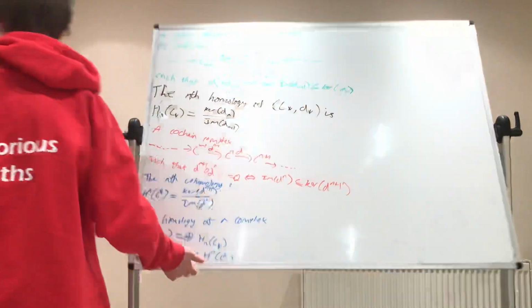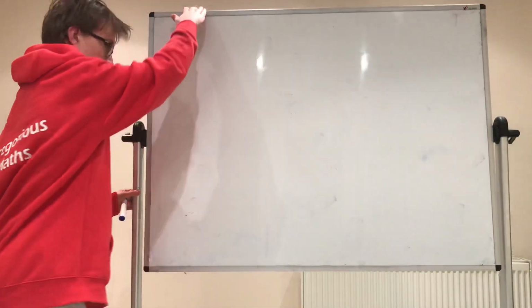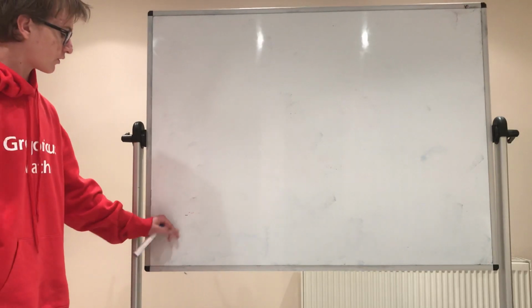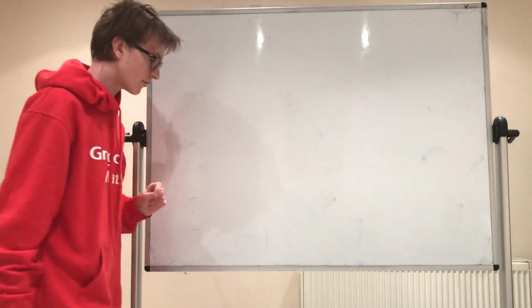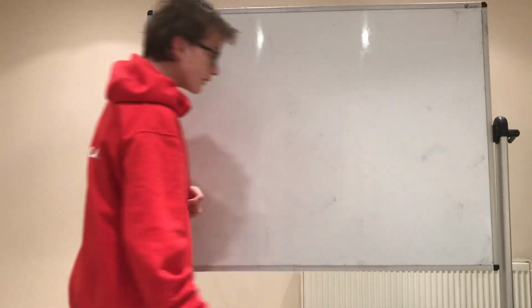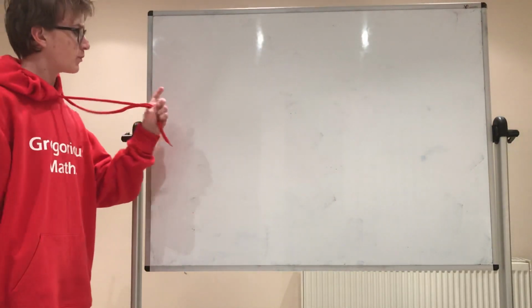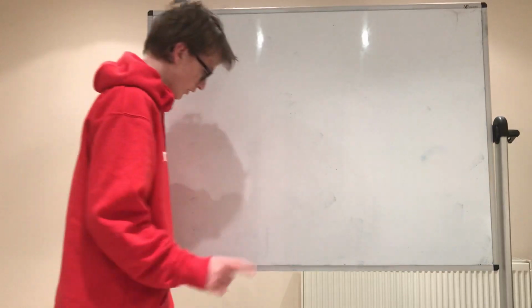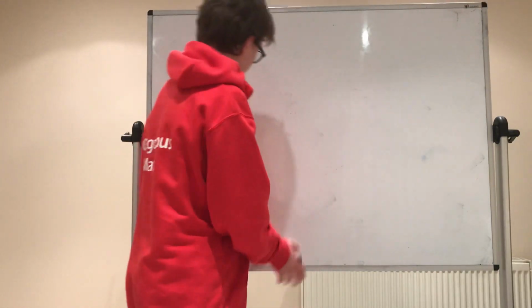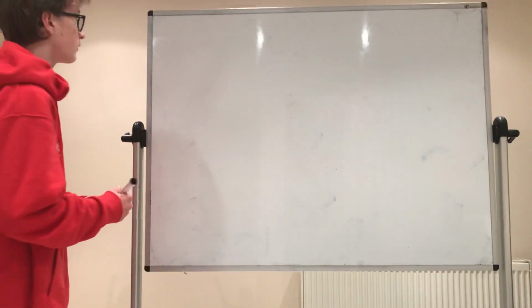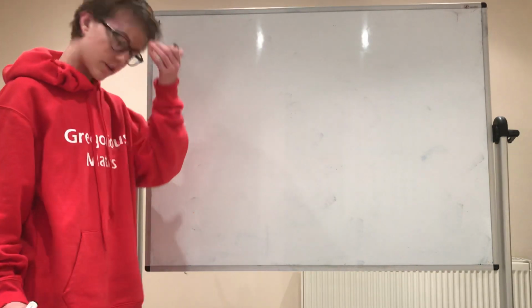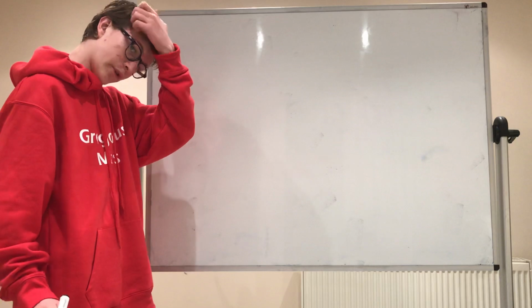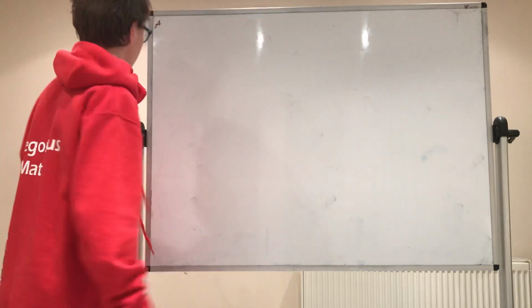So now a natural thing to ask is, are there maps between chain complexes? And if so, do they induce maps between the homologies of chain complexes? So we're just going to study cochain complexes, but the definitions are all analogous for chain complexes.